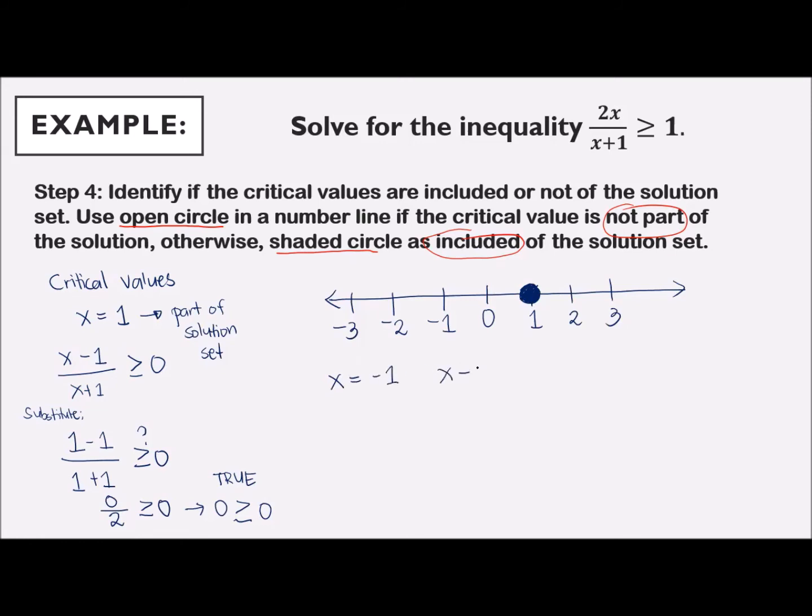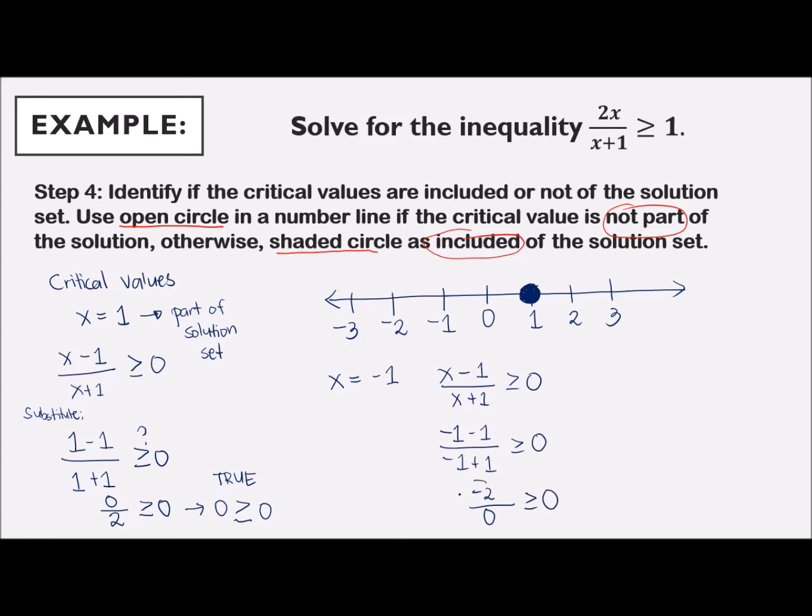So, ganun ulit. Start tayo dun sa ating single fraction on step 1. Palitan lang ulit ng -1 yung lahat ng x. So, -1 minus 1 over -1 plus 1 is greater than or equal to 0. -1 minus 1, that is -2. And then -1 plus 1 is 0.